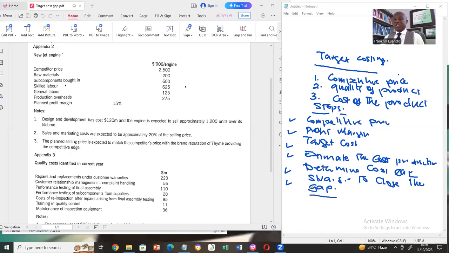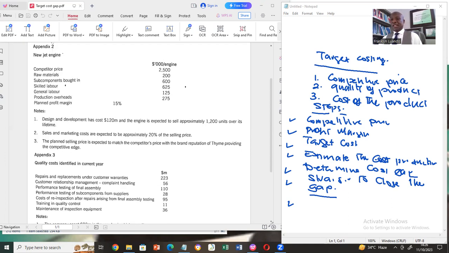So basically, those are the steps, 5 steps thereafter. Number 5 is very important. Also, is it 6 or 7? You need now to bring the product to the market as quickly as possible.